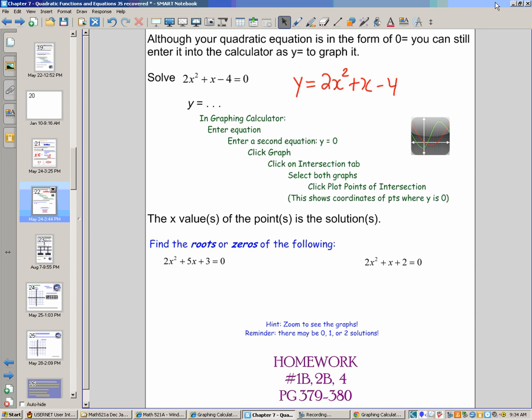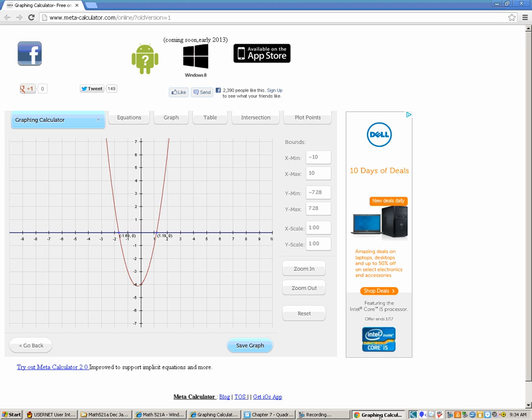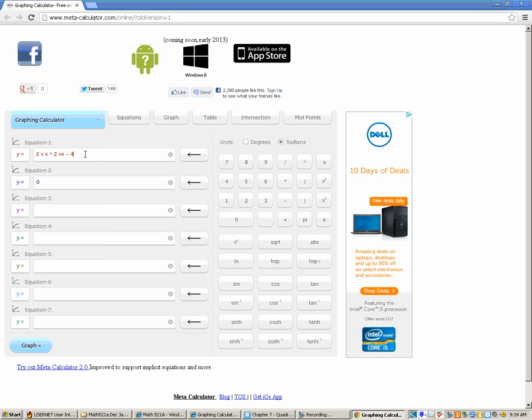Okay, so I'm assuming that you paused it, you tried to do it on your own, and now we're going to quickly go through the answers. So 2x squared plus 5x plus 3. So you would have gone to the equation part, and you'd have 2x squared plus 5x, I think it was plus 3.